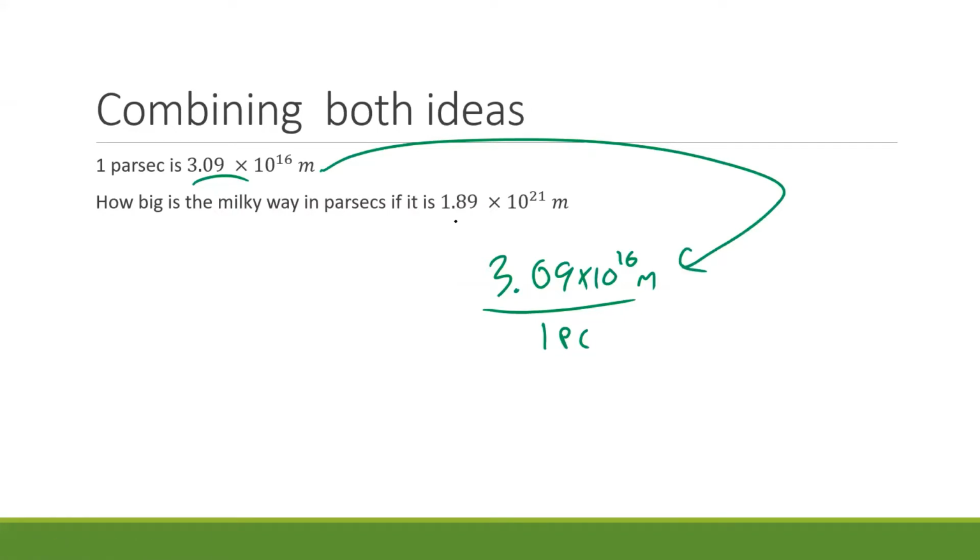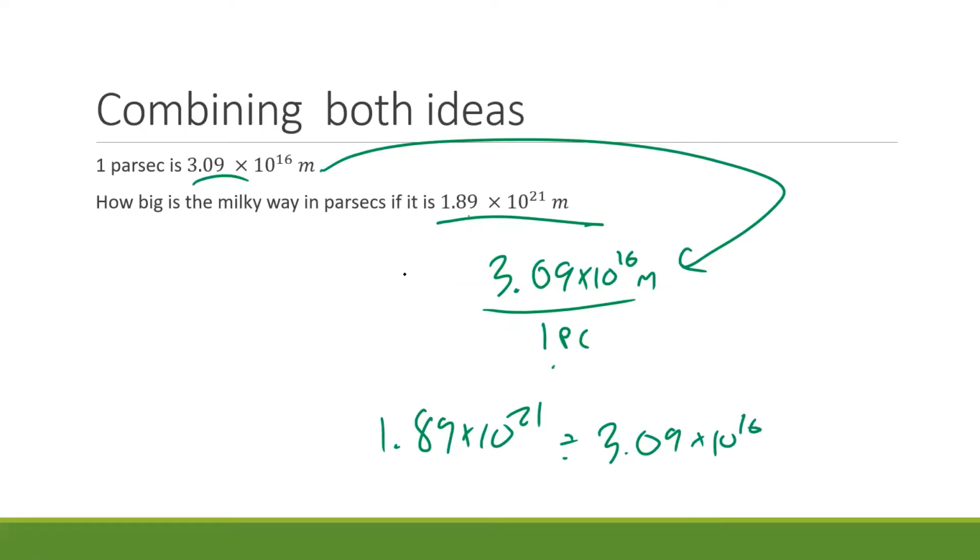If I've got this, I want to figure out how many parsecs, so I want the number on the bottom. So I'm going to go 1.89 times 10 to the power of 21 divided by 3.09 times 10 to the power of 16, because that's the same as flipping this upside down. The meters are going to cancel, and that's going to give you the amount of parsecs, which is again a measurement of distance.